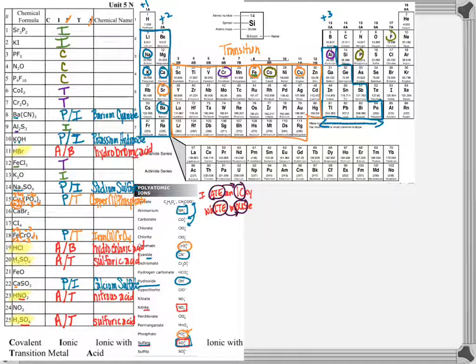Ca is in group 2, regular ionic. CI, carbon and iodine, these are composed of both nonmetals, so in this case would be considered covalent. Fe, again, Fe is in group 8, so it's transition. Then we have NO2, nitrogen and oxygen are both nonmetals, so this one would be covalent.